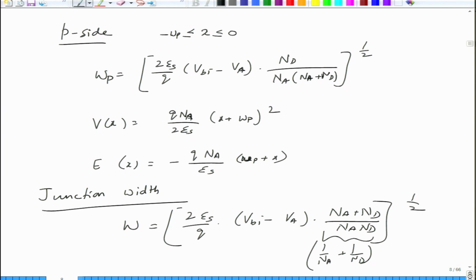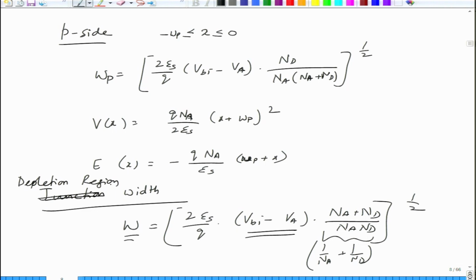So this is the change due to the bias. You can see that as you increase your applied bias, the junction width, to be correct the depletion region width, changes.